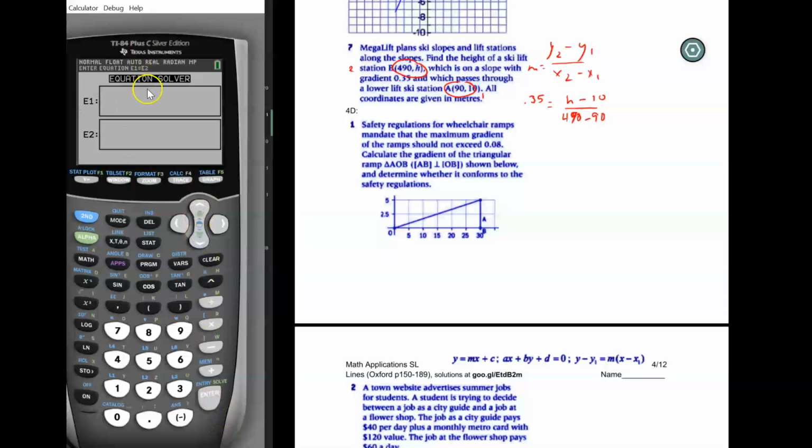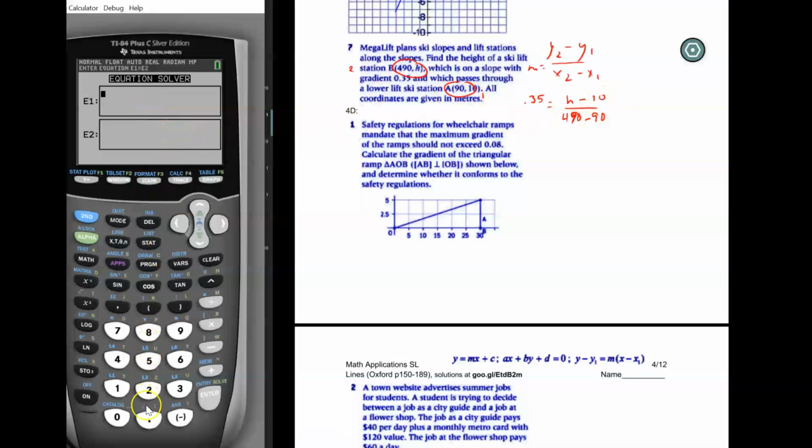In the Equation Solver, you can put the left side in E1 and the right side in E2, and then solve the equation for the unknown h, except you always have to use x. So we're going to replace h with x, and type 0.35 in E1 and (x - 10) divided by (490 - 90) in E2.